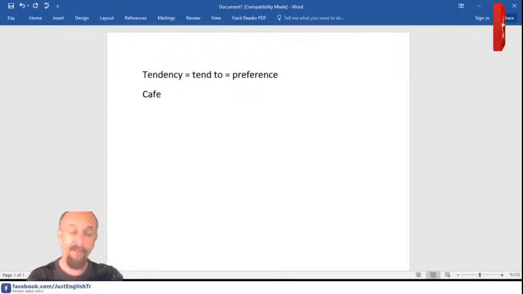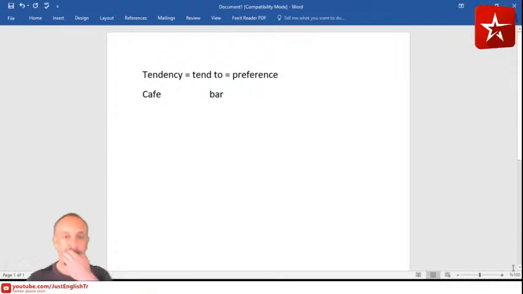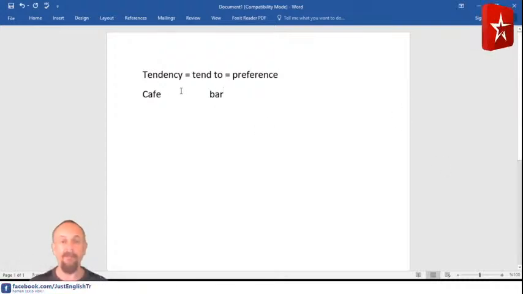If we write them side by side, I had going to the cafe or going to the bar. Tend to can be used to show a slight preference to one over the other. At the weekend when I have some free time, I generally go to the cafe. At the weekend when I have some free time, I tend to go to the cafe.